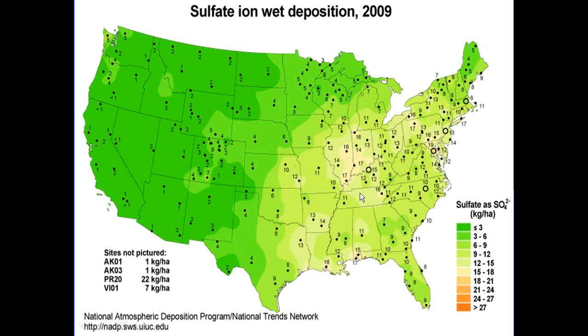But notice over in the western states, out here in Idaho, up towards Boise, Idaho, we still have 30 micrograms per year. Over here in central Montana, we've still got 10 micrograms per year.